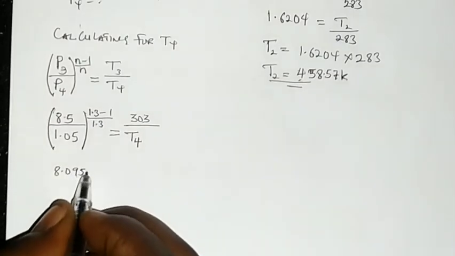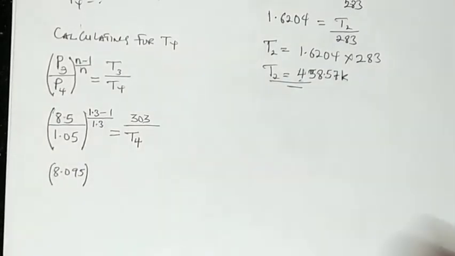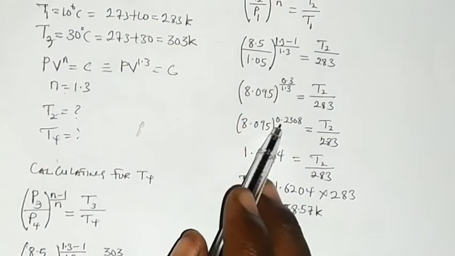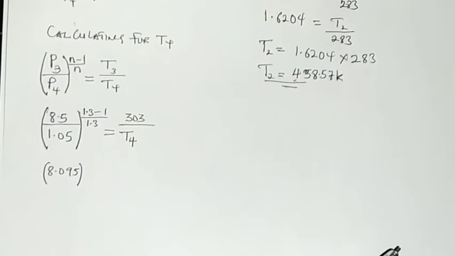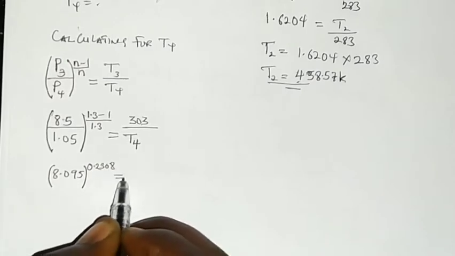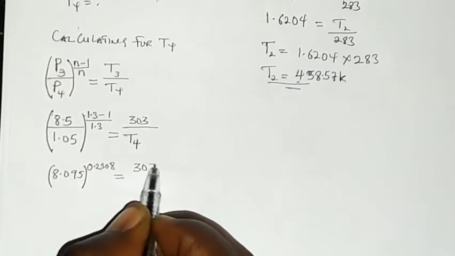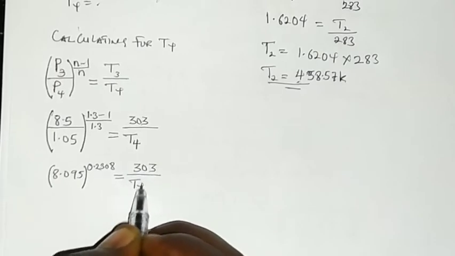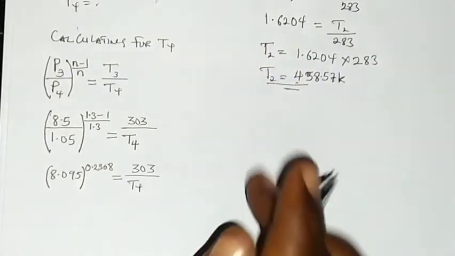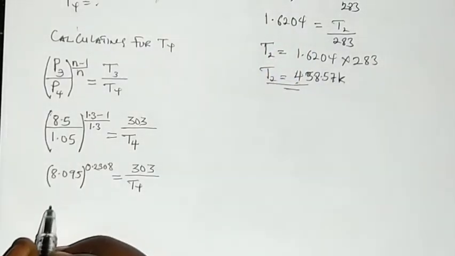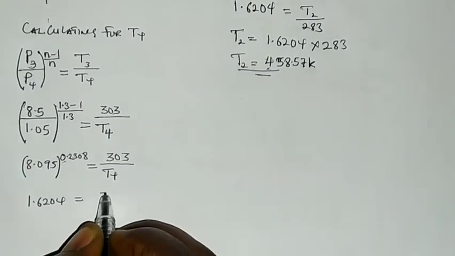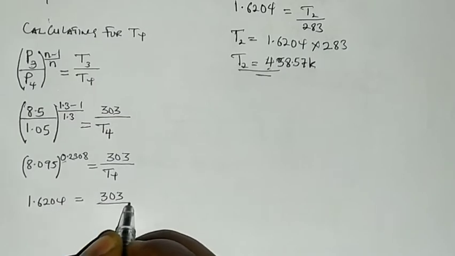Raised to this power, that gives 0.2308, equals 303 over T4. Dividing this, we have 1.6204 equals 303 all over T4.